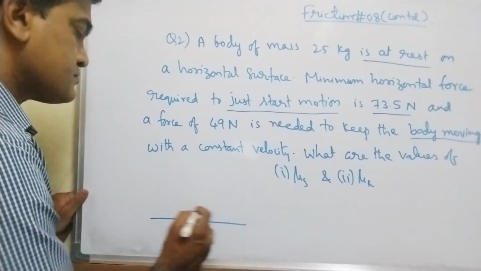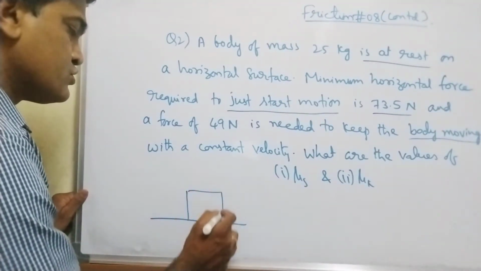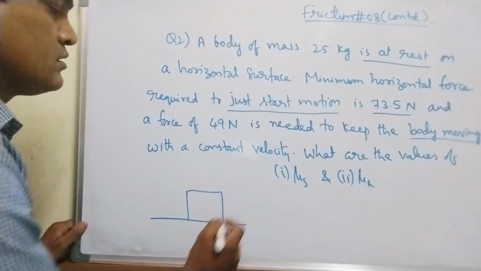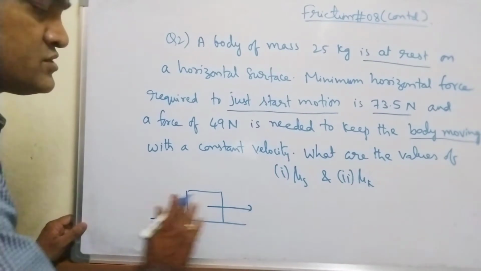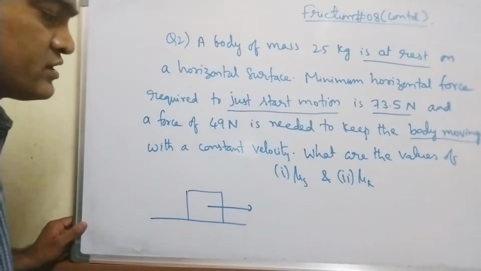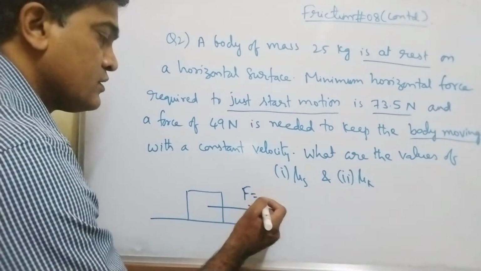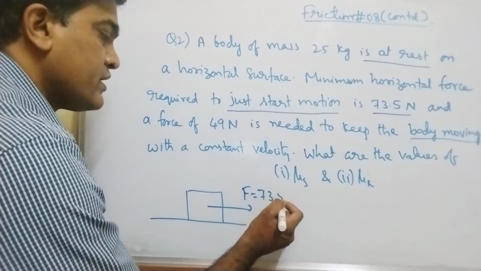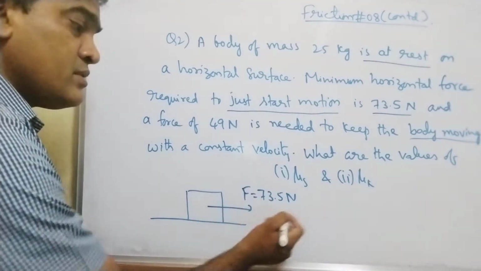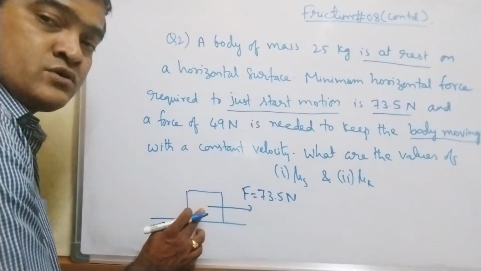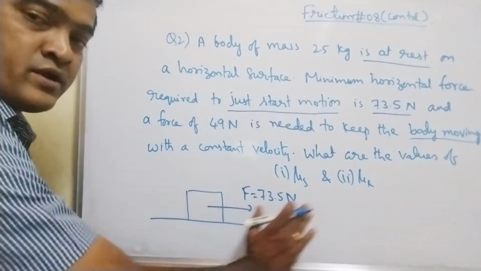Here a body is there. I am assuming the body as a block. No angle is given, so I am just pulling it horizontally with a force of 73.5 Newton. This is the minimum force required to pull the block to slide.